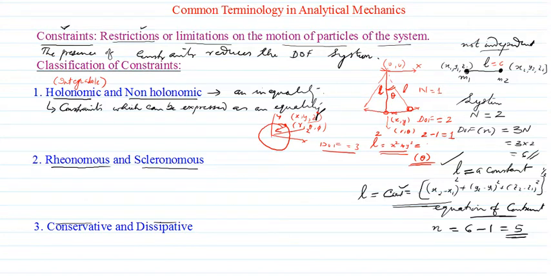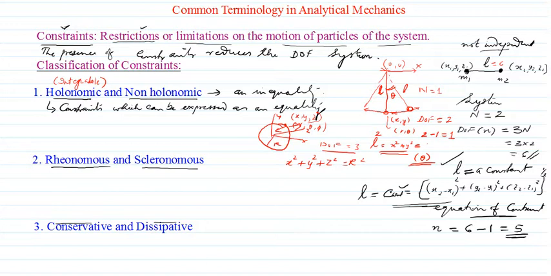The ant cannot move outside either. So the constraint is that the x, y, z coordinates of the ant or the insect are always limited by the condition x square plus y square plus z square is equal to r square, where r is the radius of the sphere.